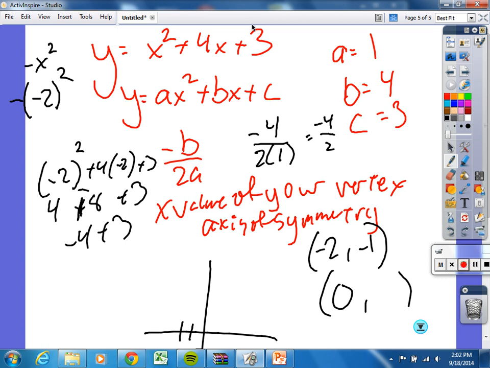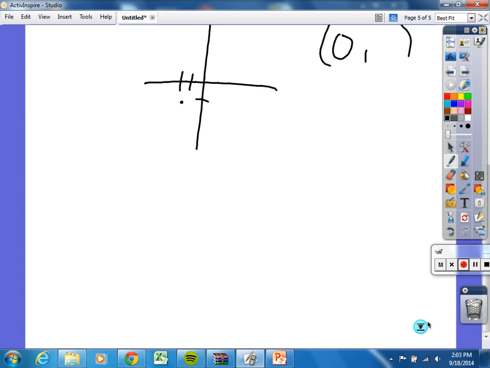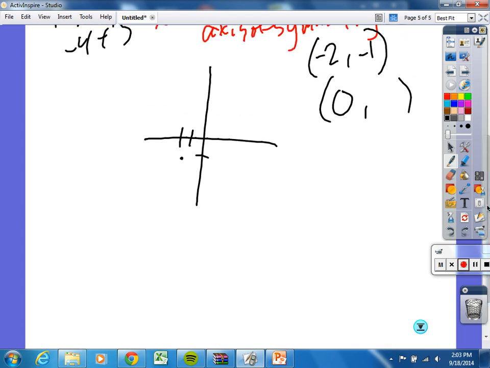In this case, C is 3, but the C value is always your y-intercept. Now I want to write that down. C is always your y-intercept. So 0, 3. Now I'm going to plot that point. 1, 2, 3.